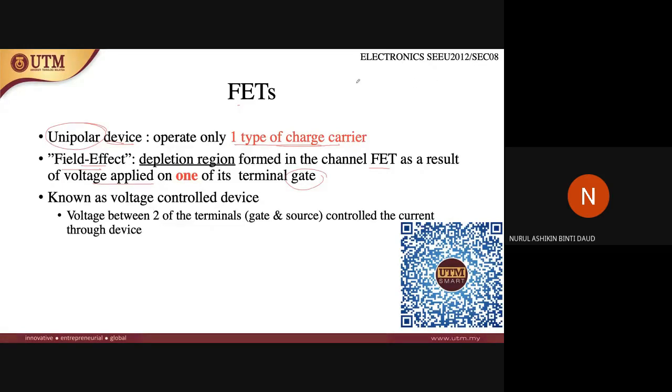FETs usually have three terminals: gate, source, and drain.